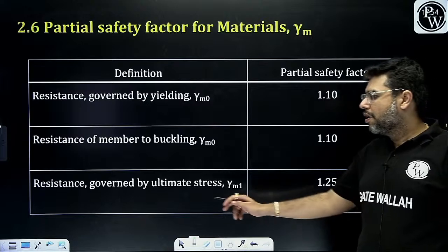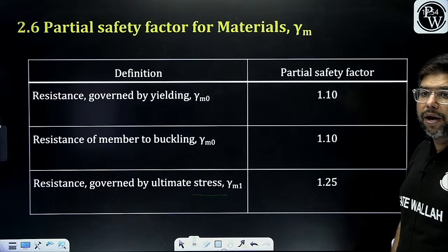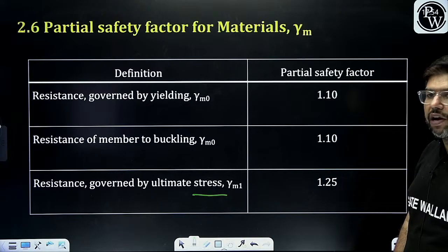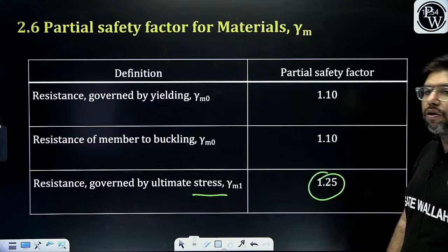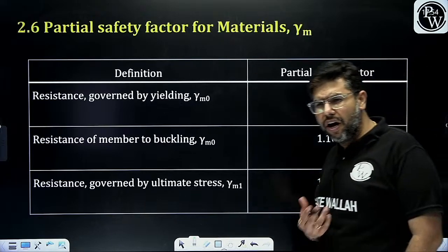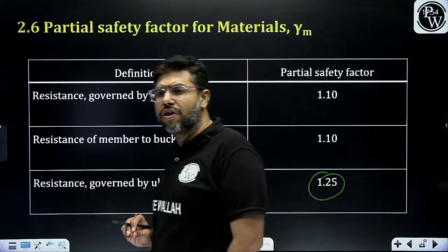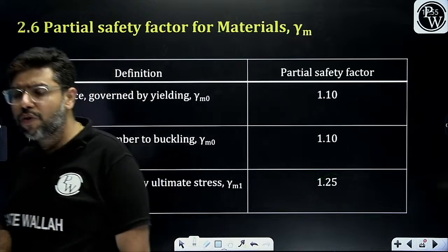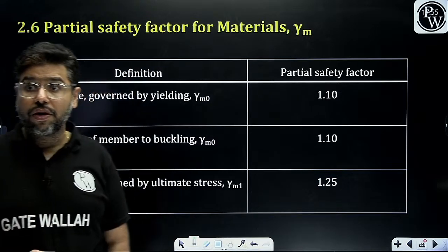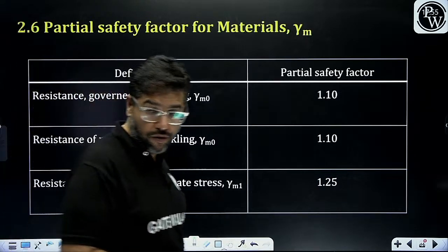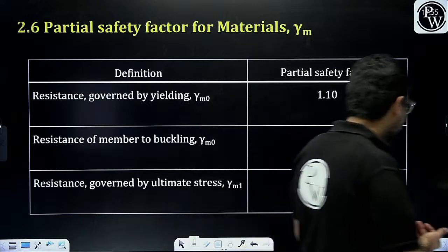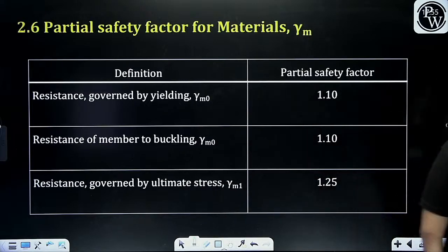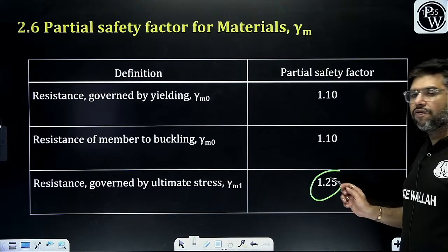If the resistance is governed by ultimate stress, that is fracture, then we will be using 1.25. For yield stress, the partial safety factor is 1.10. For ultimate stress, it will be 1.25, because at ultimate stress your failure will be more critical. So the partial safety factor is increased there.